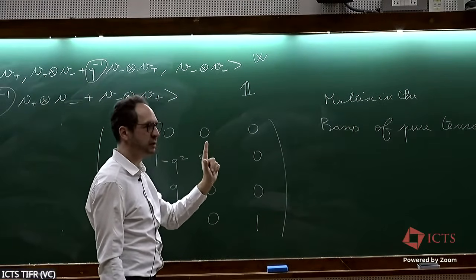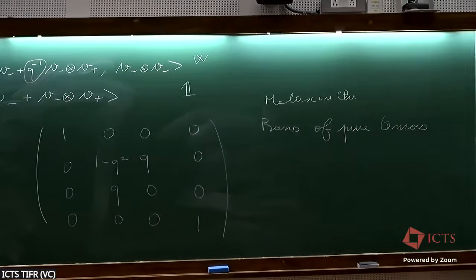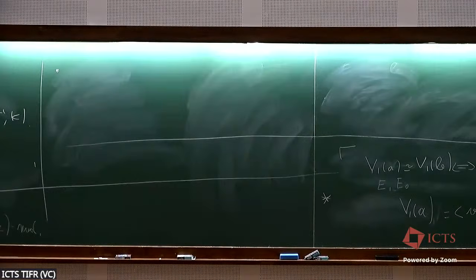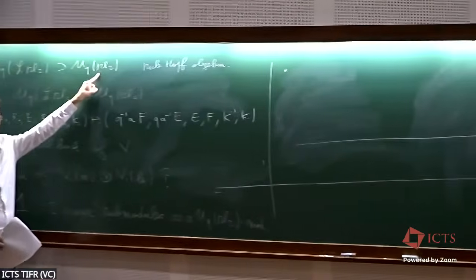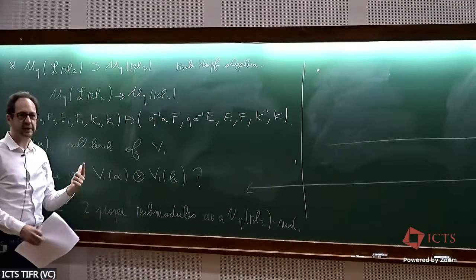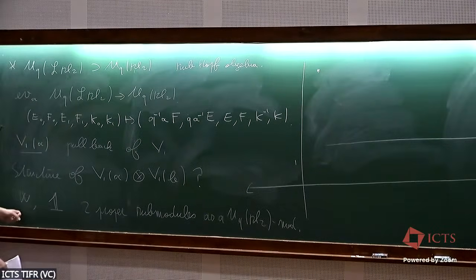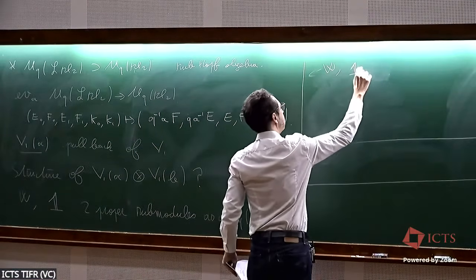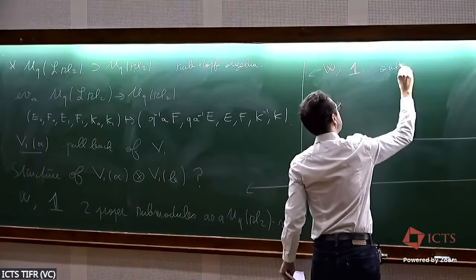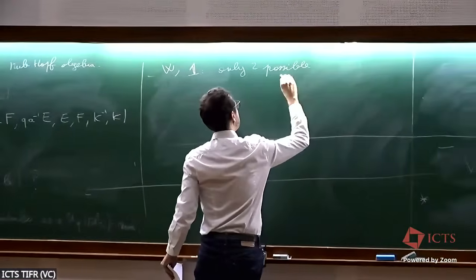Only two proper submodules. So now if we want to know the structure of this module, if there is a submodule for the action of the large algebra, it should be a submodule for the action of the small subalgebra. So we have two candidates to be a submodule, W and 1. So the only two possible submodules.